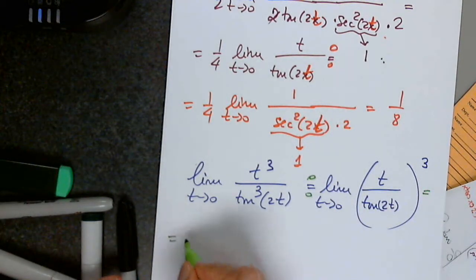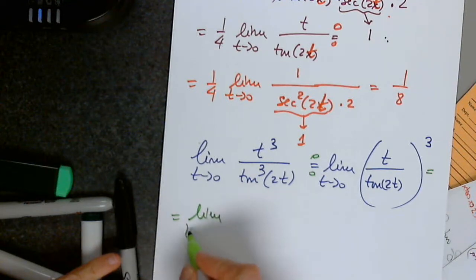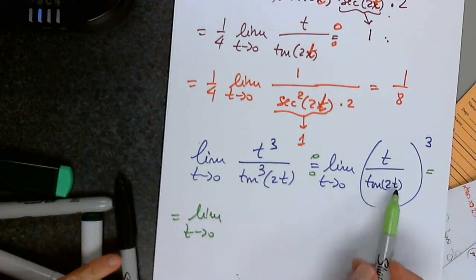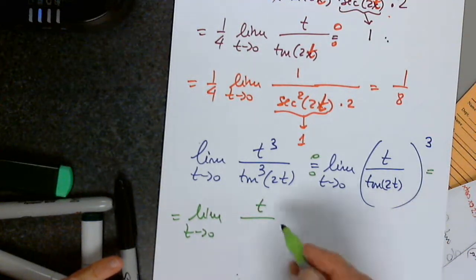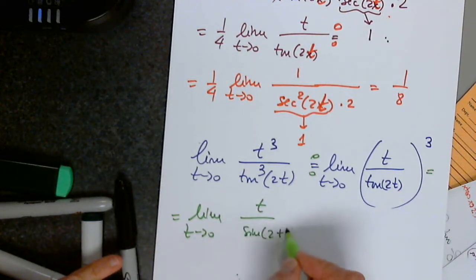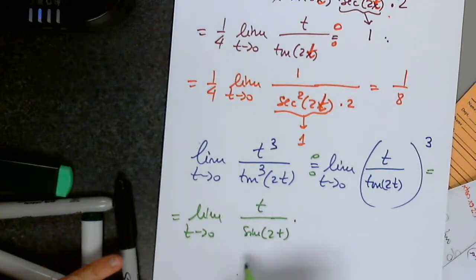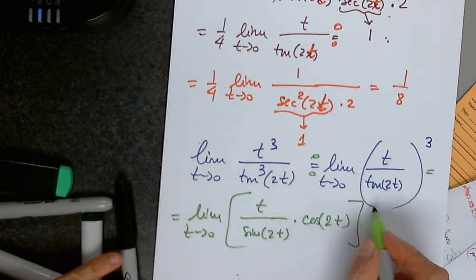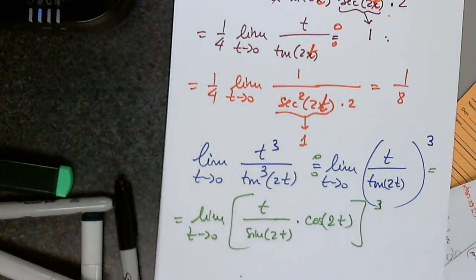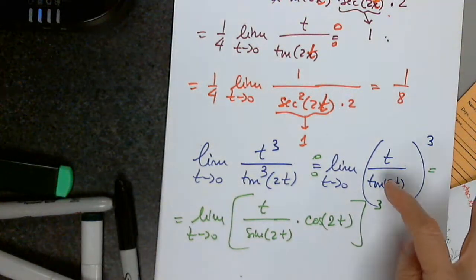There is no discussion there. So limit t approaches 0. Now I have to break this down: it's 1 over tangent. So I'm going to have here sine 2t times cosine 2t, because tangent is a ratio, sine 2t over cosine 2t.